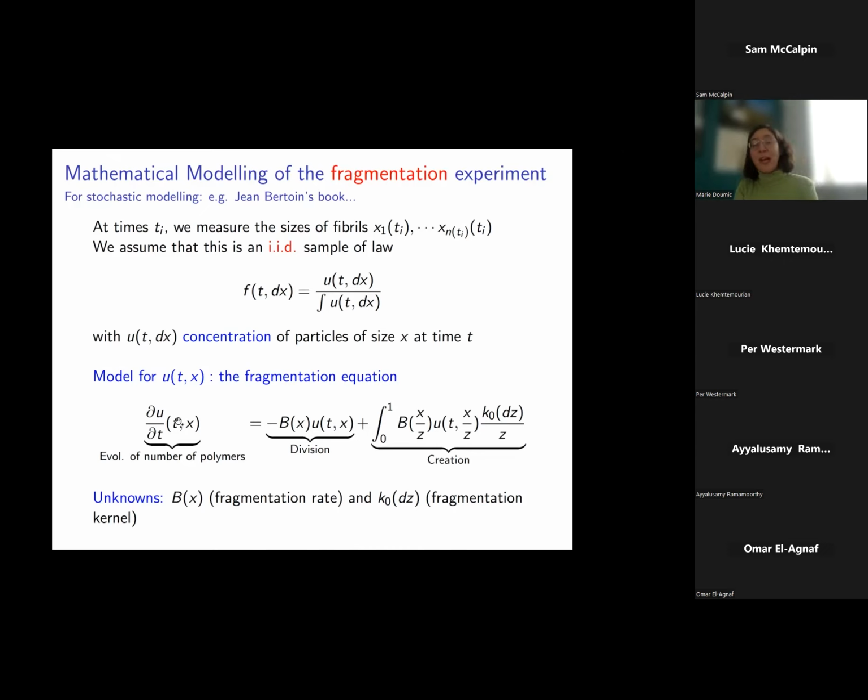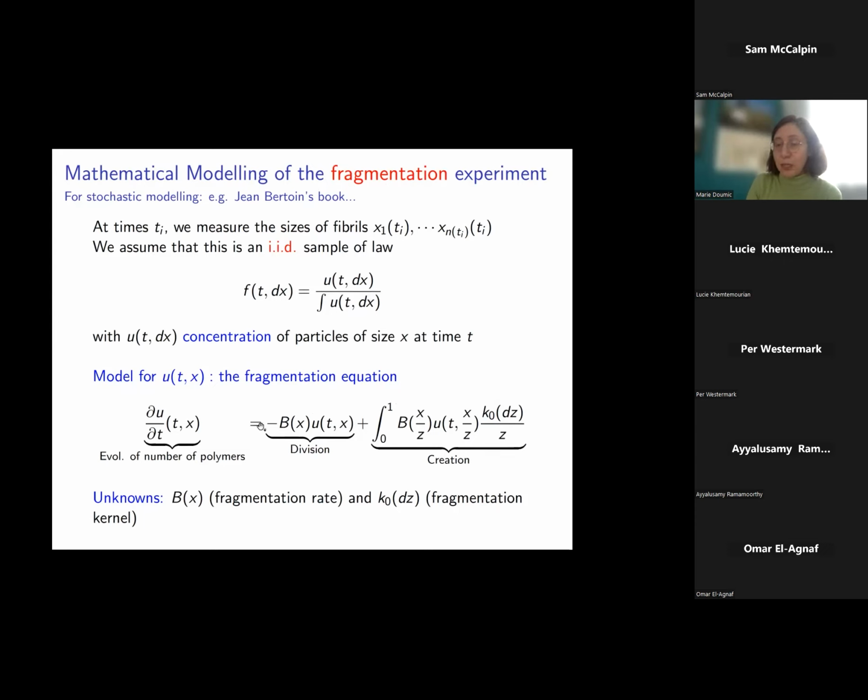But you can also have creation of particles of size X, and they are created out of larger fibrils that have broken down. So this is this integral term. So you have these larger particles of size X over Z, which break down and which give rise to polymers of size X according to a certain probability law, K0 of dz.